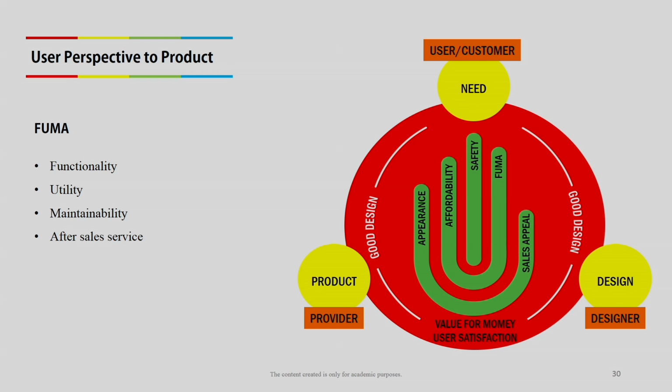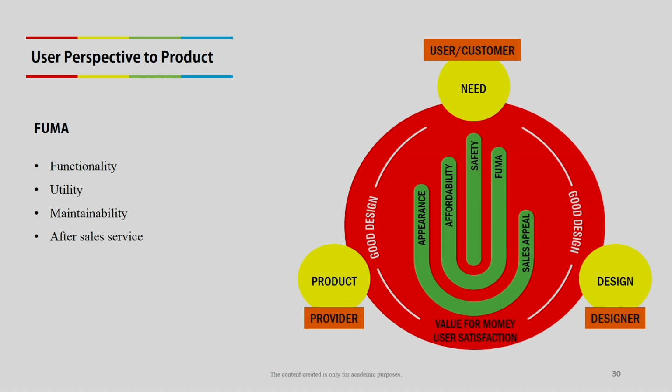The next part is FUMA. F for functionality, U for utility, M for maintainability, A for after sales service. So, functionality is the quality of being suited to serve a purpose perfectly, and utility is the quality or condition of being useful.